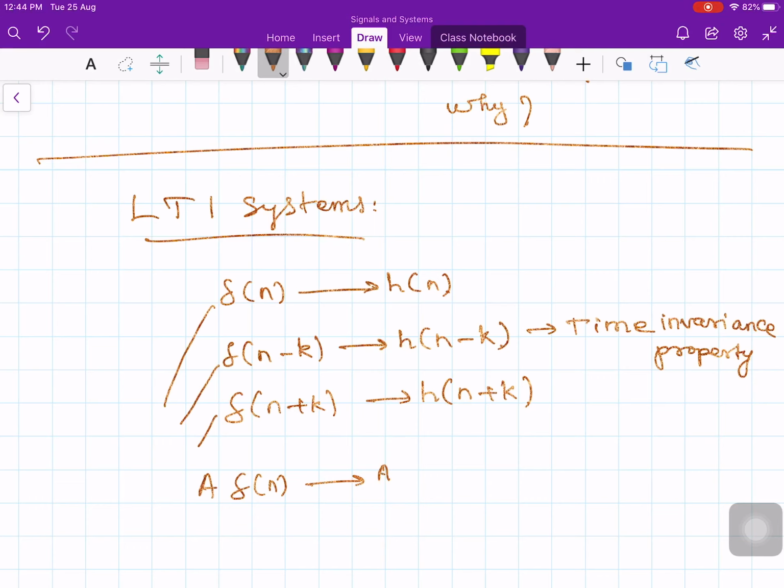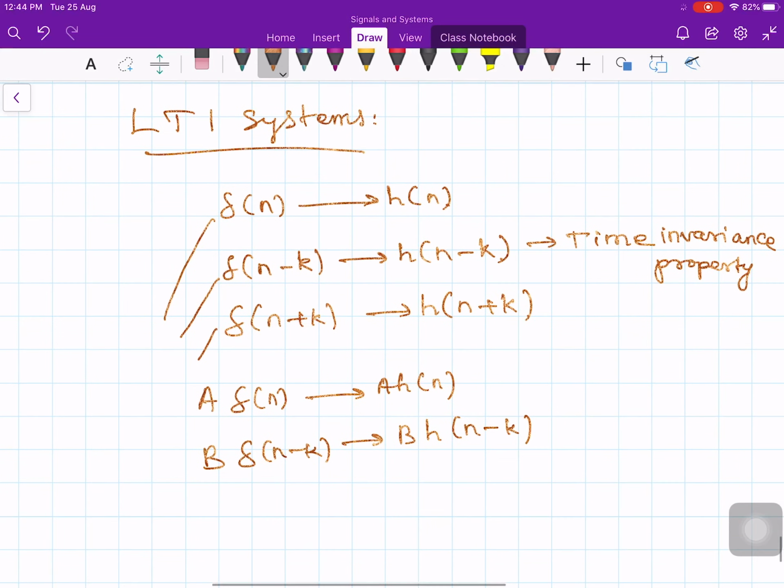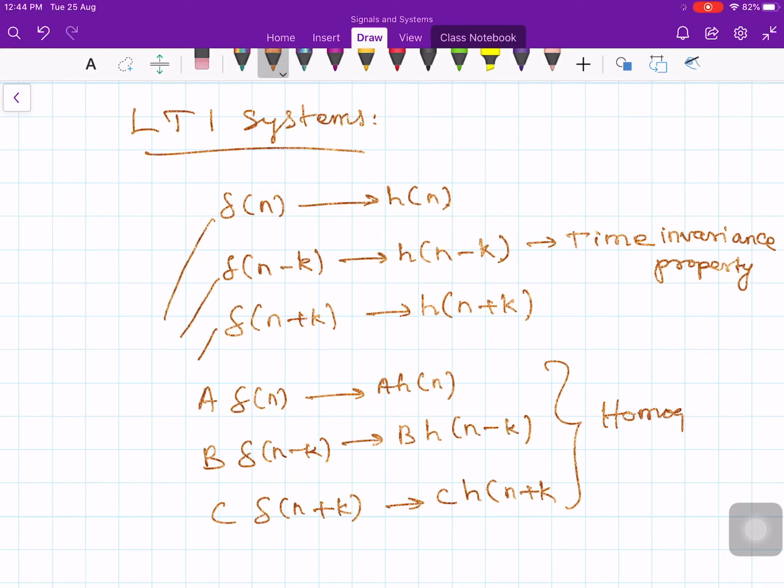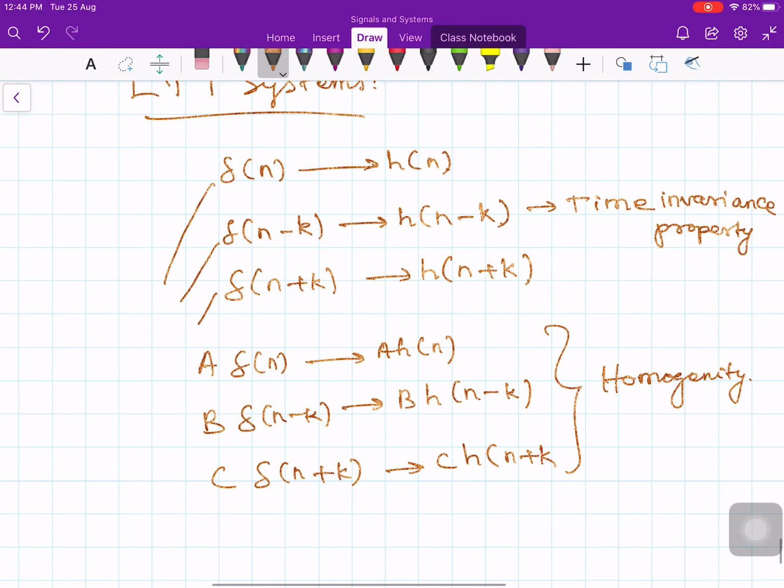Similarly, b times del of n minus k gives rise to b times h of n minus k, and c times del of n plus k gives rise to c times h of n plus k. What are all these properties? These are called homogeneity. If the input is multiplied by a constant, then the output will also be multiplied by the same constant.